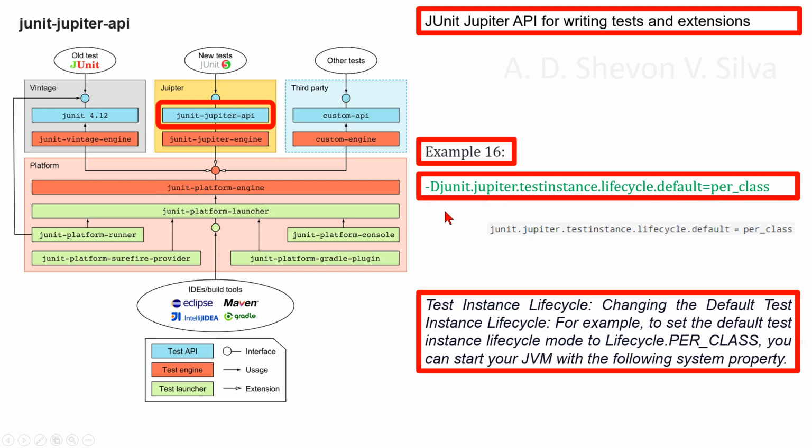If a test class or test interface is not annotated with @TestInstance, JUnit Jupiter will use the default lifecycle mode. The standard default mode is per method. However, it is possible to change the default for the execution of an entire test plan. To change the default test instance lifecycle mode, set the junit.jupiter.testinstance.